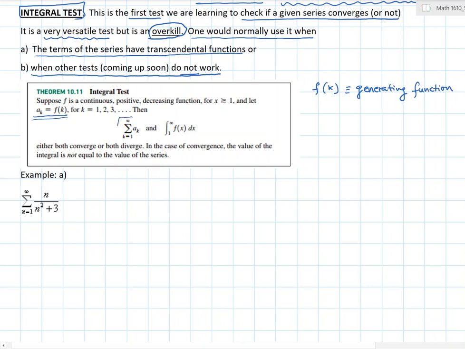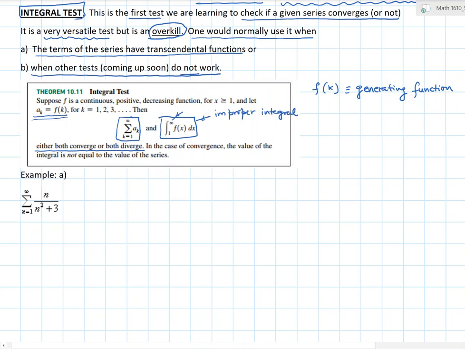Then the series that we are given and the improper integral. So what we do is we find this improper integral. Notice that the limit is infinity, from 1 to infinity, f(x) dx. So we find this. Then either both converge or both diverge.